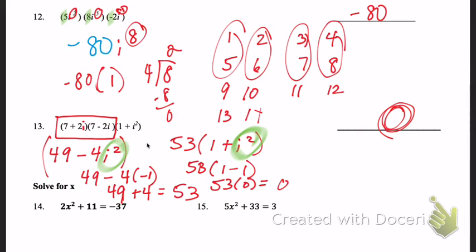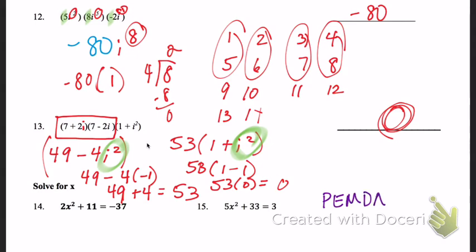Okay, the next type of problem that you might get, and this is kind of where we are going to go with the imaginary numbers in this next section, is when you're solving for a quadratic and you have imaginary solutions, when you have a square root of a negative number. So for number 14, all that you're doing in this is you're solving for x. When you're solving for x, remember that you do PEMDAS backwards.